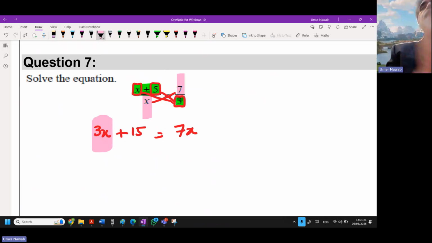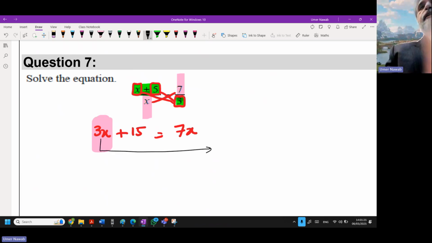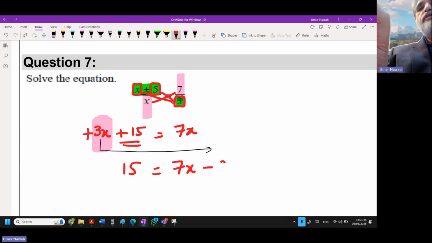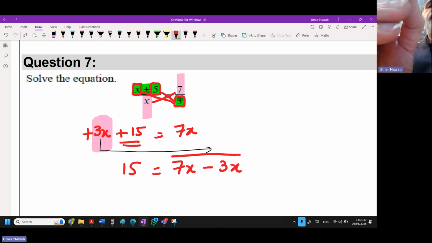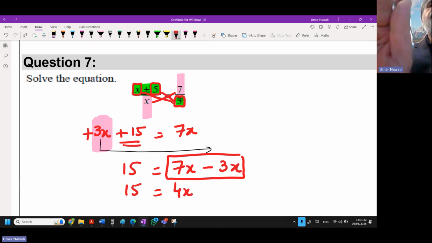So obviously this plus 3x should be shifted to the right to get the positive term of x. So plus 15 will stay here, and 7x plus 3x will be changed to minus 3x. Now 7x minus 3x gives you 4x, and 15 is on the left hand side.